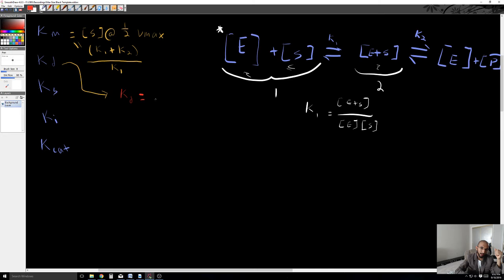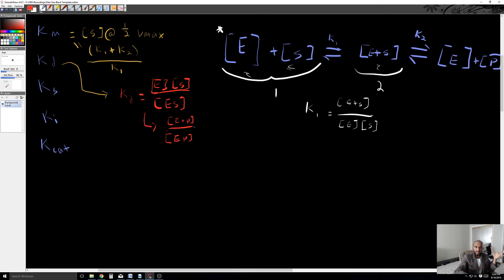It could be that the enzyme substrate complex goes to enzyme and substrate, but it could also be that the enzyme product complex goes to enzyme plus product. So what I want you to take away from this is that Kd is a dissociation constant in general.